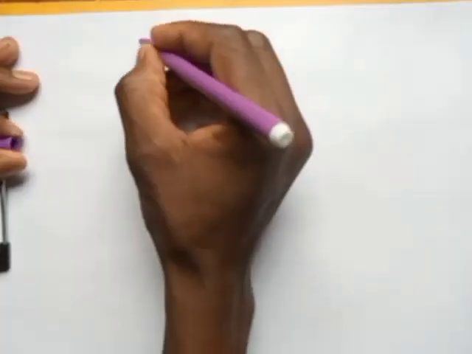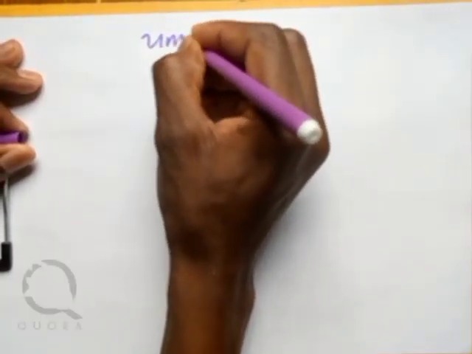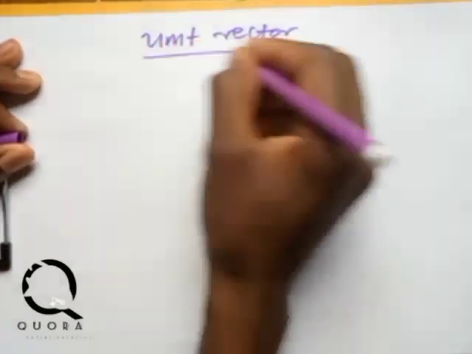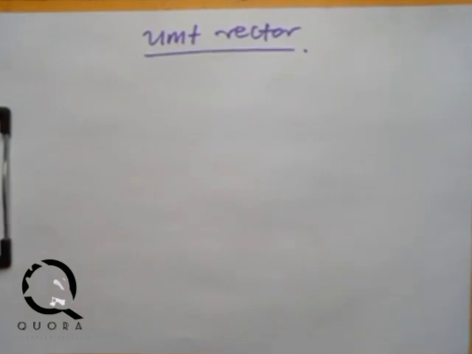Okay, we try to look at what we call unit vectors. What does it actually take for you to understand this simple concept? A unit vector is a vector which is just a ratio of a given vector to its magnitude.